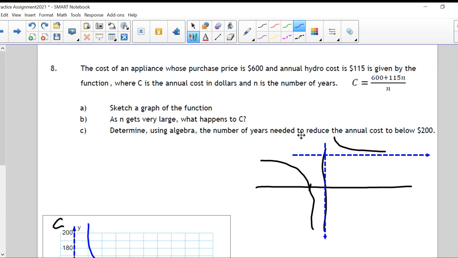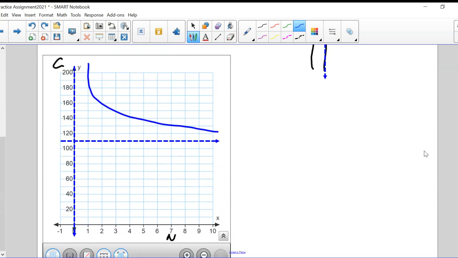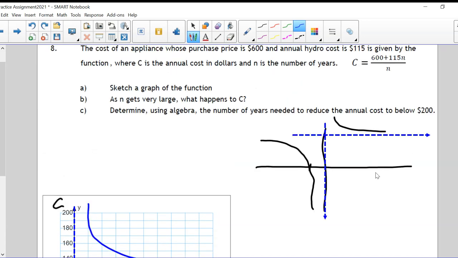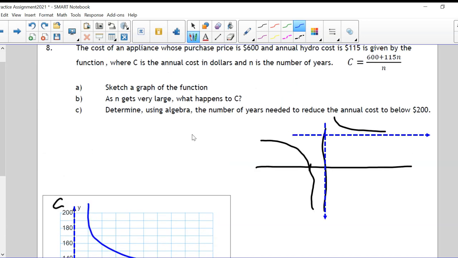Determine using algebra the number of years needed to reduce the cost to below 200. Okay, so here's our graph, but I'm not going to focus so much on the graph. I'm going to focus on the algebra right now. Can we set up an inequality, because it sounds like it's an inequality, that can help us to solve this?